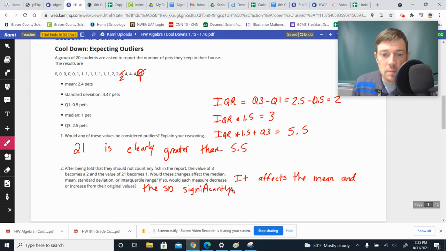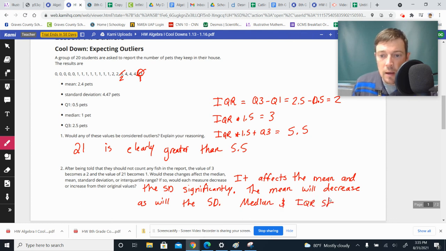So with those being affected significantly, we can say the mean will decrease, as will the standard deviation. Median and IQR stay about the same. Not enough to really note.